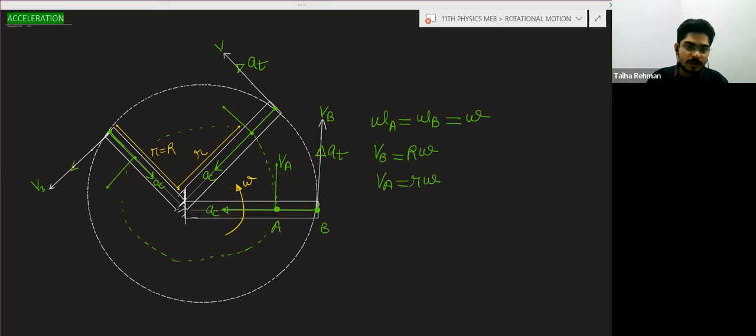What is the direction of the tangential acceleration? Always tangent to the direction of velocity, or always tangent to the circle. If the magnitude of the velocity is changing, then there will be tangential acceleration. Centripetal acceleration will always be there.